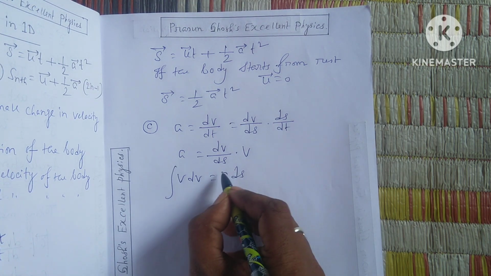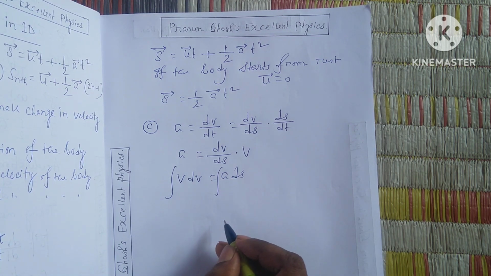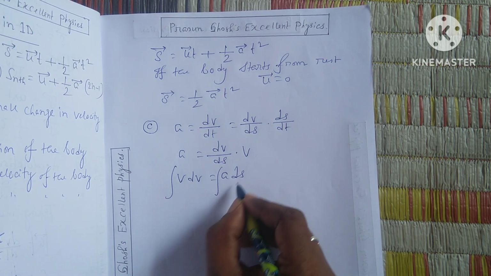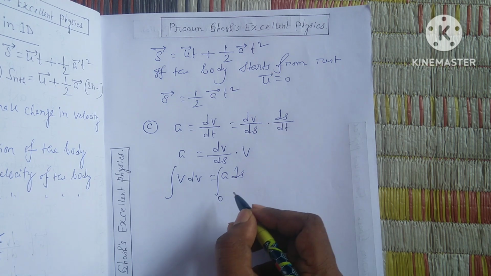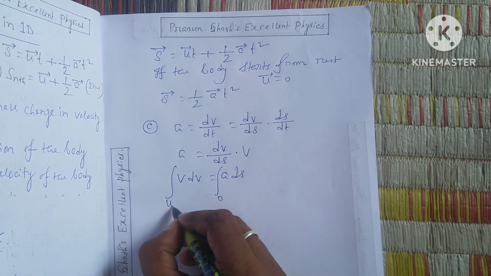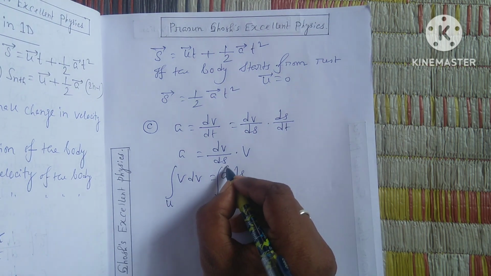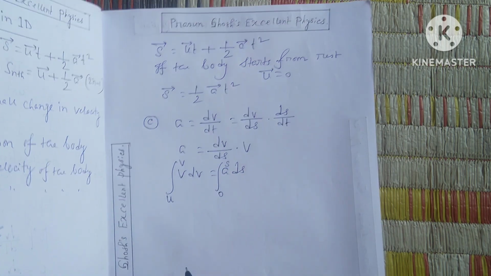Integrating on both sides, when distance is 0 the velocity is u, when distance is s the velocity is v.